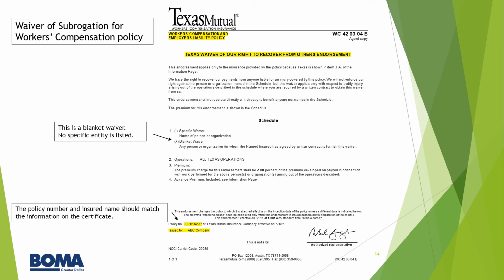And if you look at this form, again at the top, it tells you Texas waiver of rights to recover from others. And the bottom shows you the policy number and the name. And these always should match whatever is on the certificate.